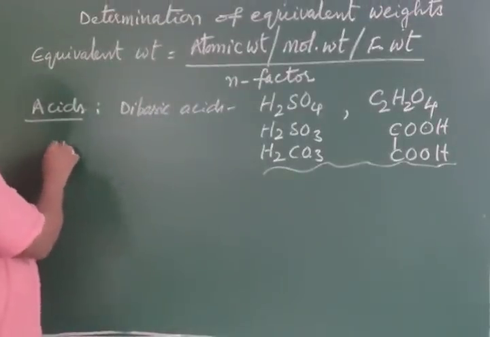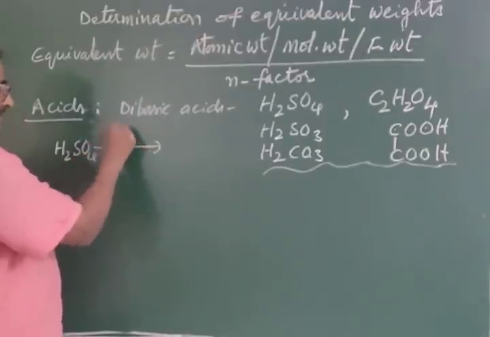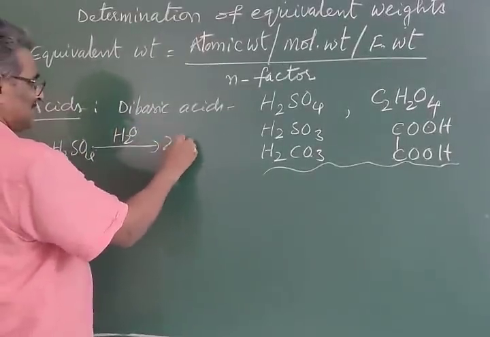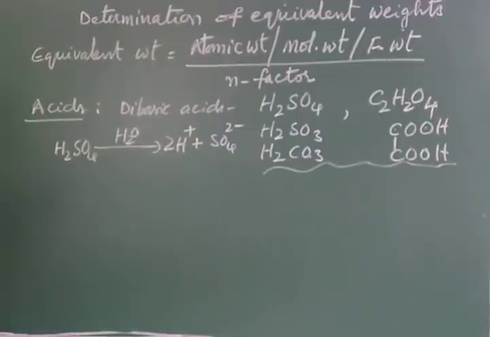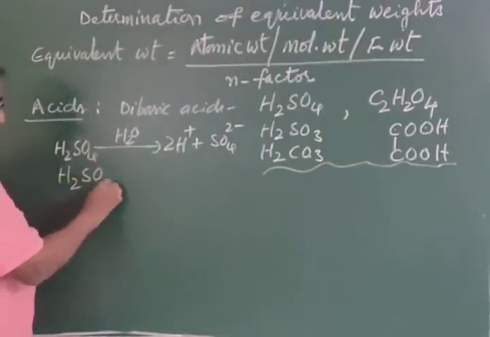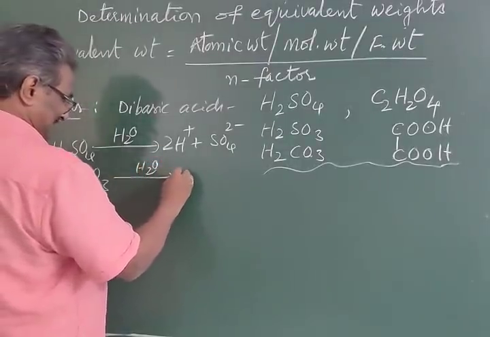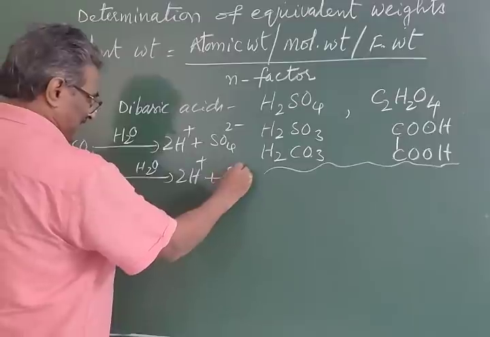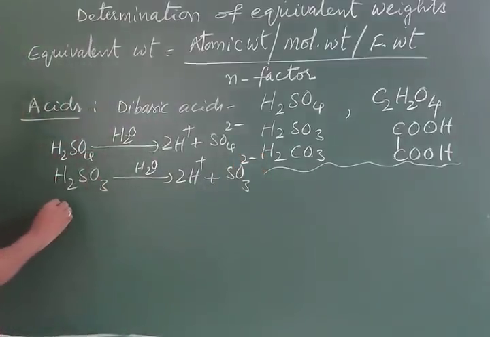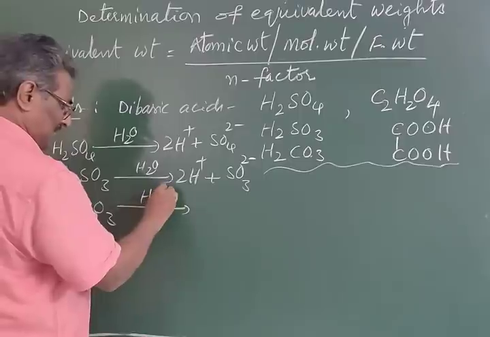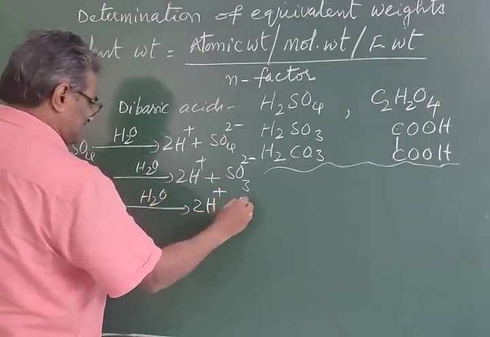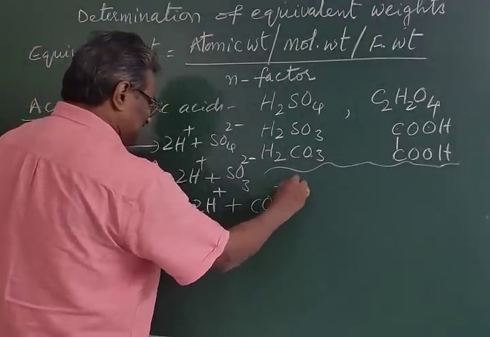When these acids are dissolved in water, they release 2 H plus ions from each molecule. Sulfuric acid releases 2 H plus ions and gives sulfate ion. H2SO3 when dissolved in water releases 2 H plus ions and sulfite ion. H2CO3 carbonic acid gives 2 H plus ions and CO3 2 minus ion.